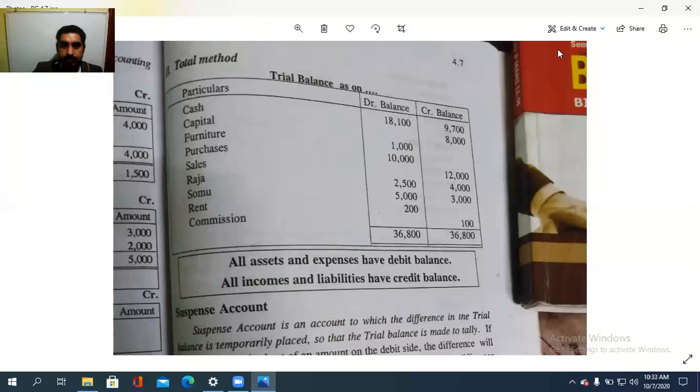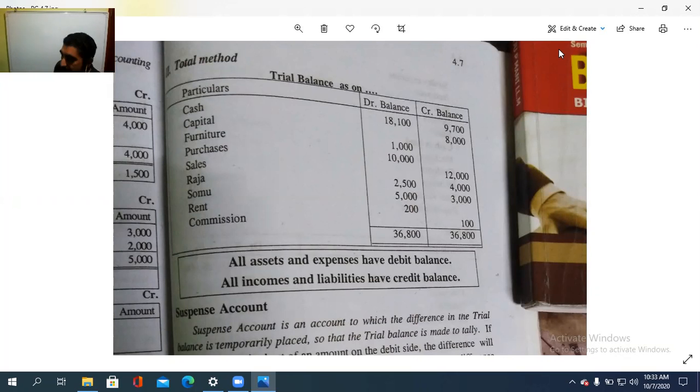So from this we can assume or assure that all the assets and expenses have a debit balance. All the incomes and liabilities have a credit balance. You see in the previous one, cash is always having a debit balance. Assets and expenses: cash is an asset, bank is also an asset, furniture is an asset.